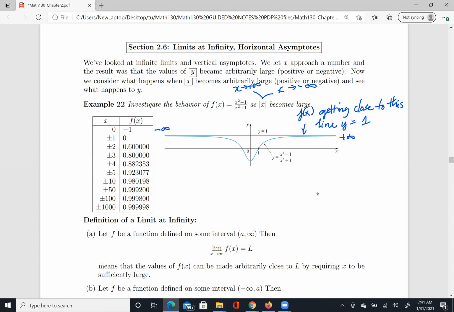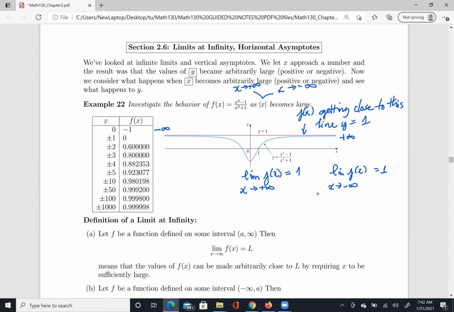So I could say the limit of f(x) when x approaches positive infinity is equal to 1, and the limit of f(x) when x goes to negative infinity is also equal to 1.